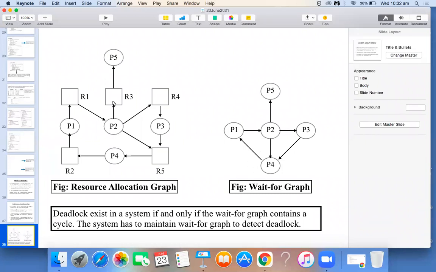You can see in the resource allocation graph, you have resources and you have processes, correct? Now, how do we convert a resource allocation graph into a wait for graph? We have to remove all the resources which you can see in the resource allocation graph. So which are all the resources here? Can anybody unmute yourself and tell?